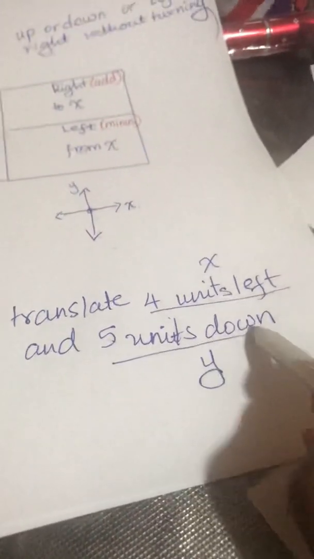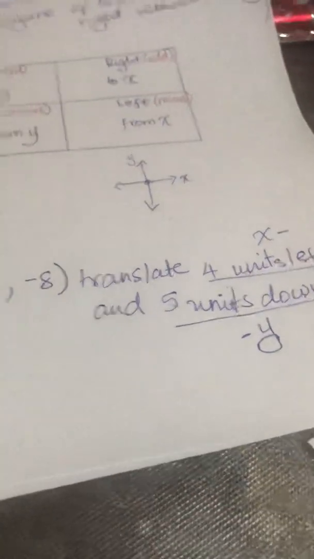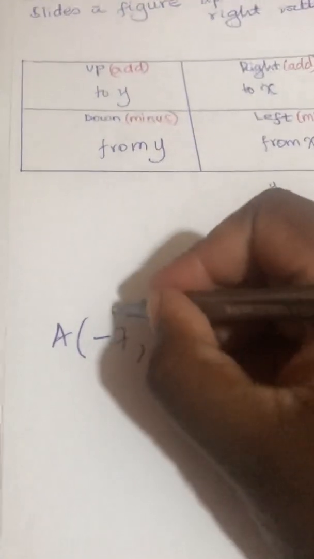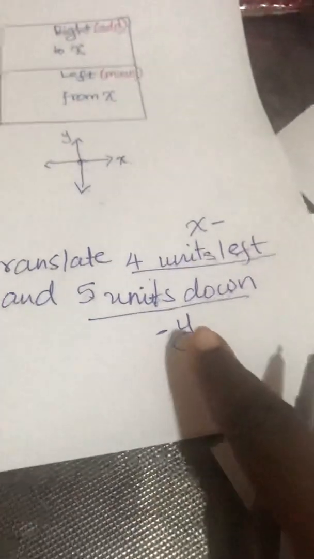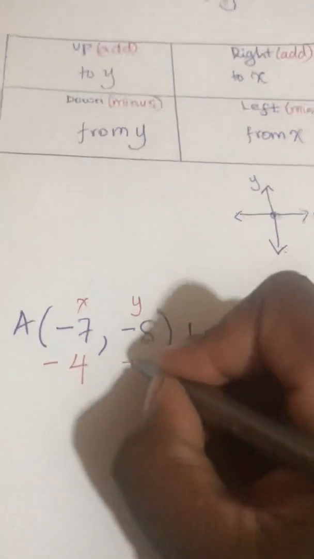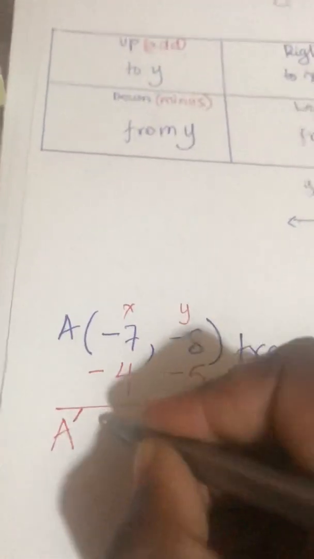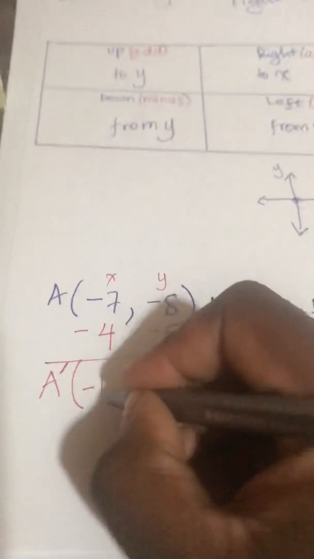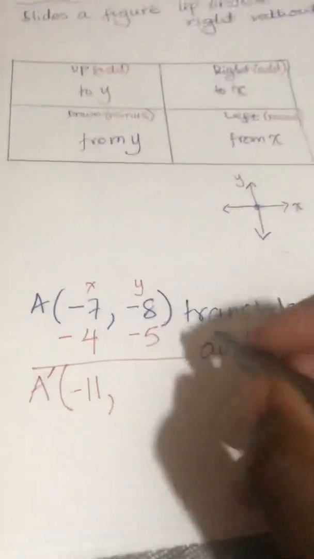And since I am going down, I will minus. And since I am going left, I will also minus. Okay? So this is my X. And this is my Y. 4 units left, I will minus from the 7. 5 units down, I will minus from the Y. And then my answer will be the image, which will be A prime. -7 minus 4 should be -11. -8 minus 5 should be -13.